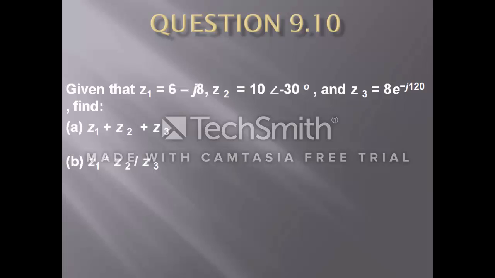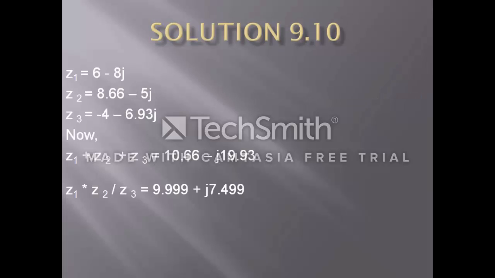The solution: Z1 is already given in rectangular form. We change Z2 from polar to rectangular form and it comes out to be 8.66 minus 5J. We change Z3 from Euler's form to rectangular form, and it comes out to be minus 4 minus 6.93J.